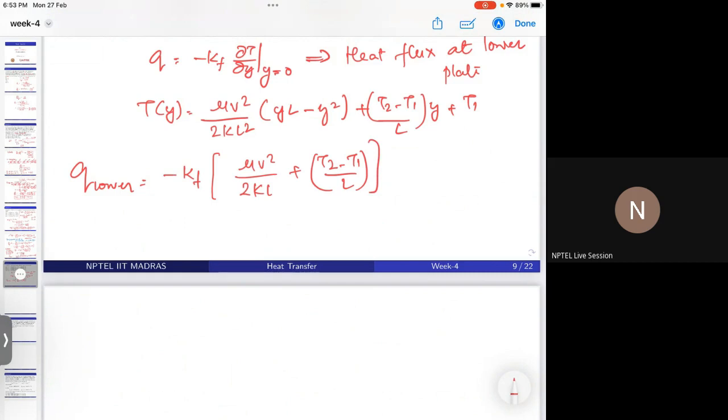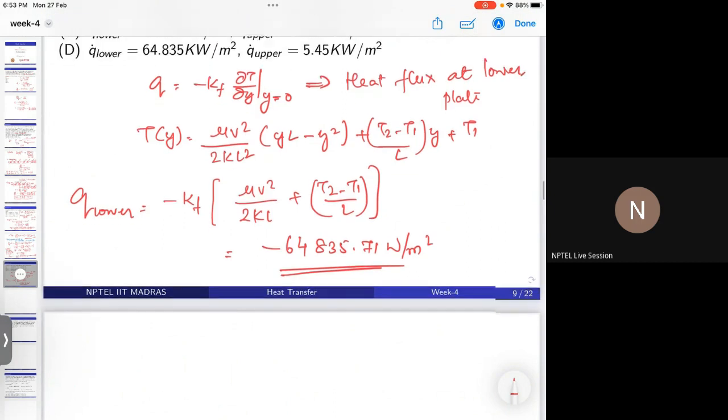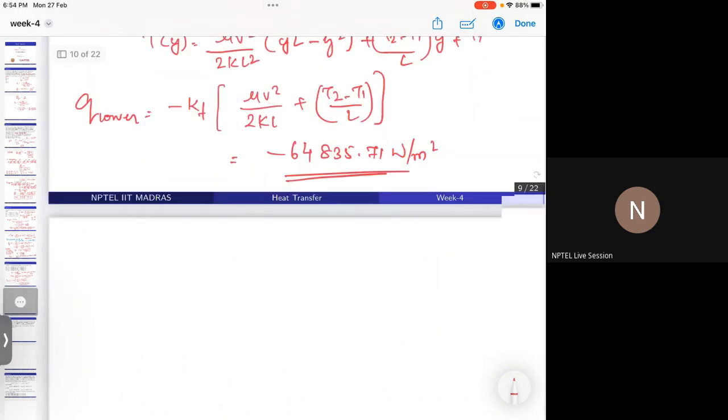So if you calculate this, it's just a calculation. You will get approximately minus 448464835.71 watt per meter square. I'm not spending time on this calculation because every value is already given. So I think you can do it by yourself.